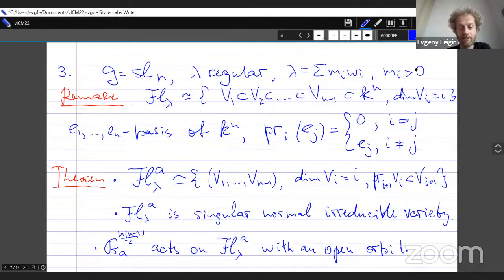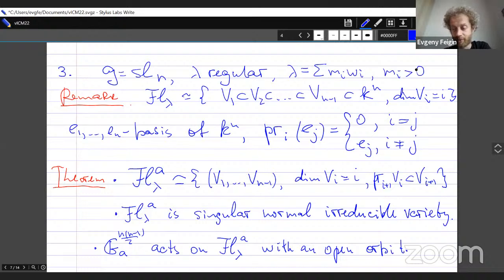We take a basis of an n-dimensional vector space, E1 up to En, and then we introduce operators Pr_i. These operators are projections with one-dimensional kernels, so they send Ej either to 0 if j is i, or to Ej itself if j is not i. So it has a one-dimensional kernel, and the kernels are linearly independent.